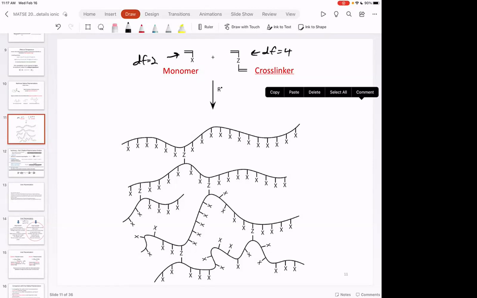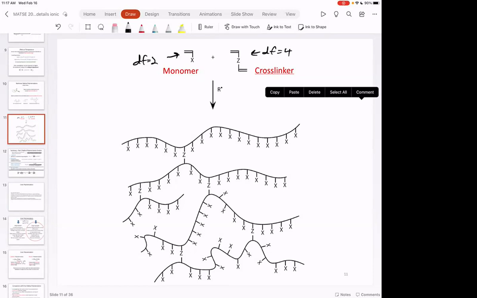But if we get some branching, whether they're short chain branches or long chain branches, what might be happening? So say we have all DF2 monomers, and I say, well, the polymer has some long chain branches. What process has occurred? Chain transfer, but specifically, exactly what process is it? Intermolecular chain transfer to polymer.